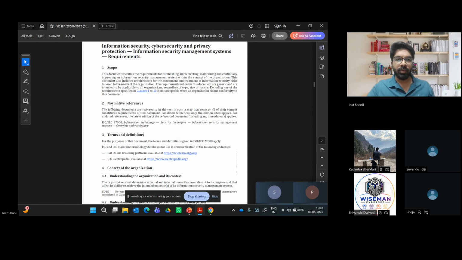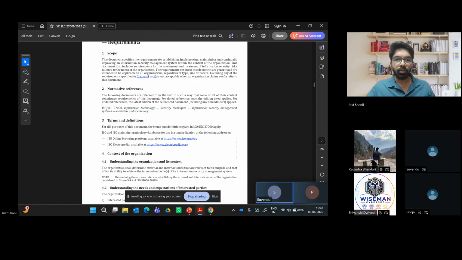Why were they not defined? Because they are not usable. Clause 1 talks about the scope of this document. Clause 2 talks about normative references, which means the definitions. Clause 3 talks about terms and definitions. All these three areas would be covered in detail under clause 4 to 10.